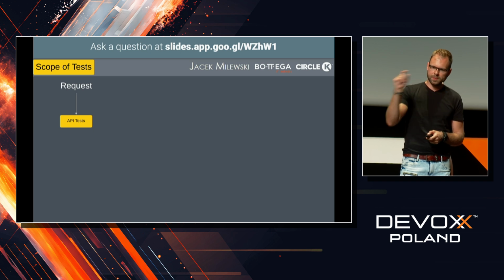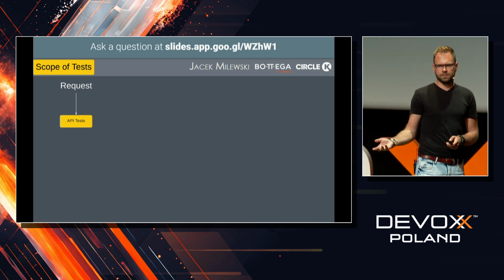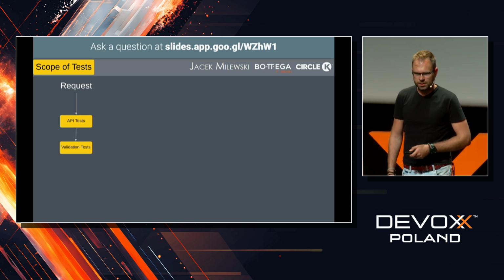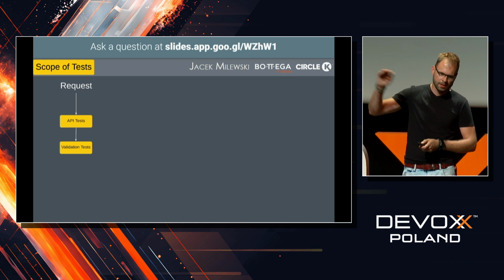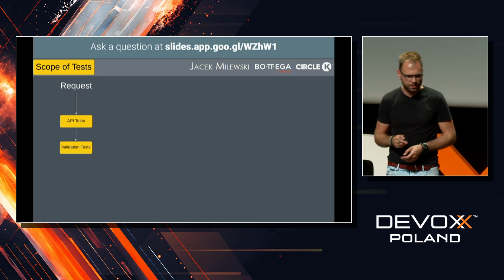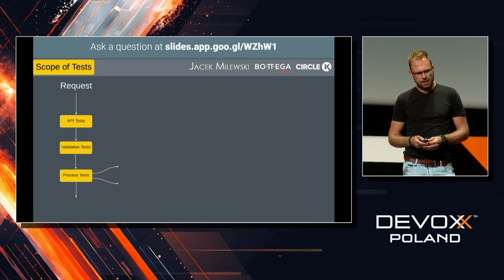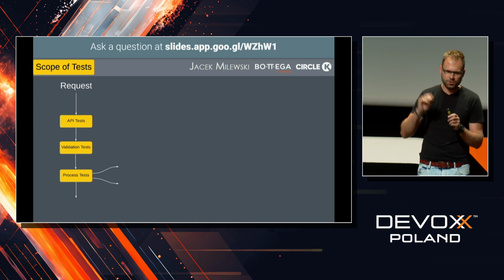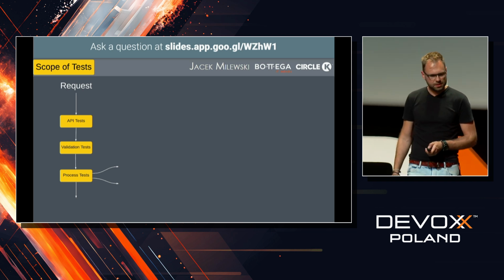Because in JSON, I expect particular field with particular name to be a number. And this is syntax. I'm doing the validation tests, which is, it's not only to be a number, it has to be a number above 0, greater or equal to 0. So this is my validation test. Then I'm testing the process. So my process tests have outgoing arrows, so they will be testing the interactions with different blocks.